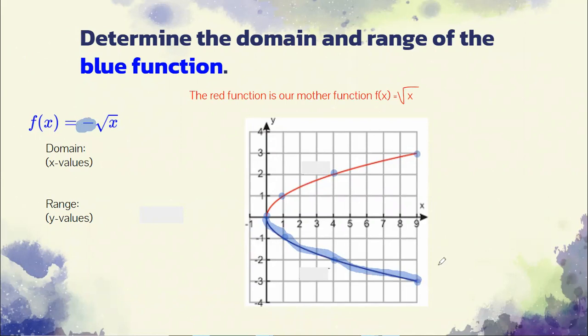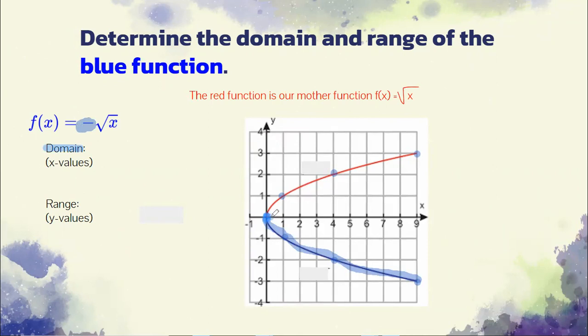So now I want to determine the domain and the range: what x values are represented by the blue function, and what y values are represented by the blue function. Again, x values are domains. So I can see that my x value does start at 0.